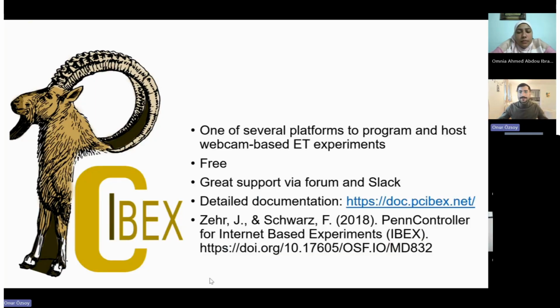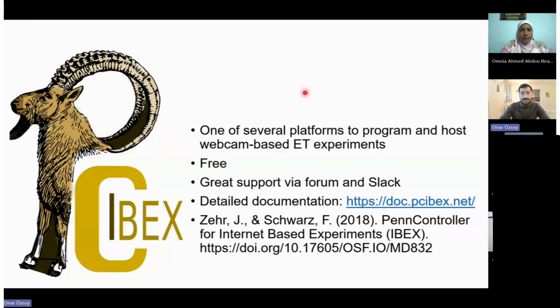And the tool that I prefer and suggest using, there's a lot of other tools available that are also great that use WebGazer, but the one that I'm most familiar with and have used in my studies is PCIbex. So this is a P, C, Ibex. It's one of several platforms to program and host webcam-based eye tracking experiments and other types of online experiments.